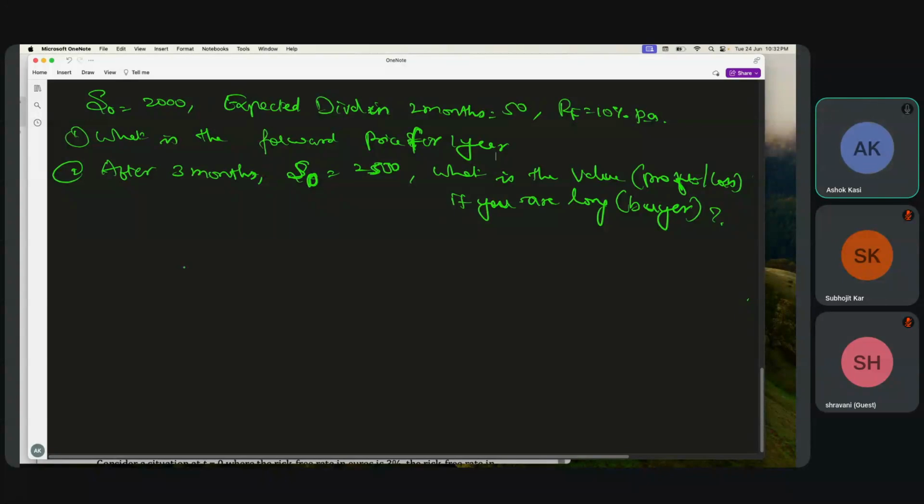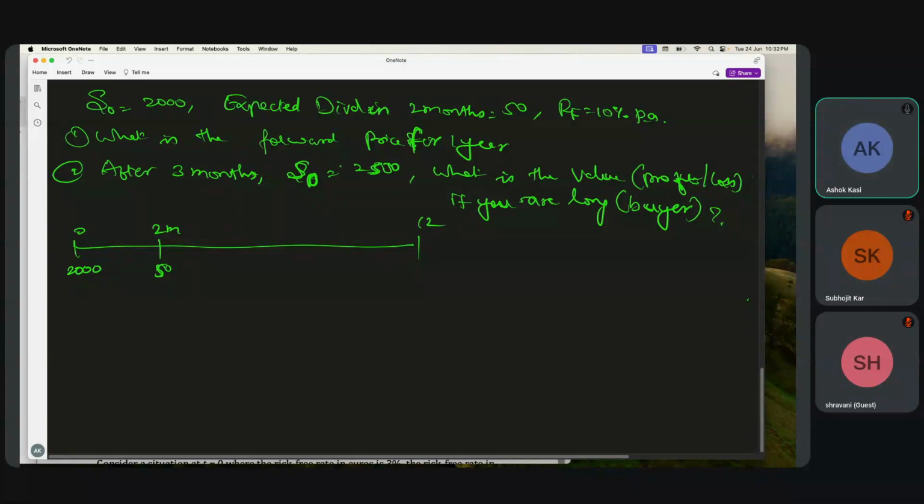Okay, so first you draw the timeline, 1 year. And spot is 2000. After 2 months, this is 2 months, this is the 12th month. After 2 months, 50 you are expecting.